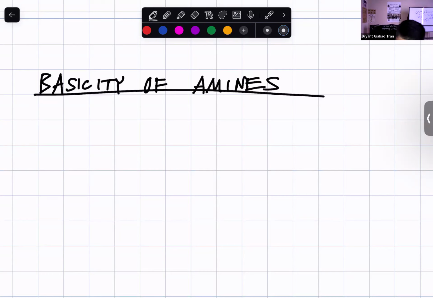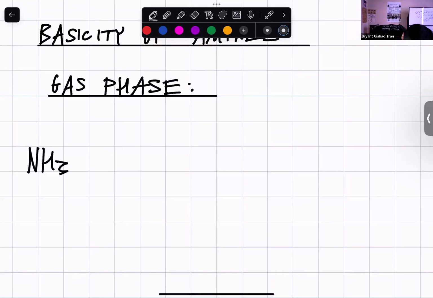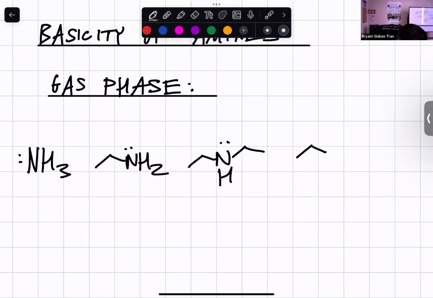can fall under: the gas phase or aqueous solution. So the gas phase is going to be easier to think about because I'm going to give you the ranking list of the basicity of amines like this. Ammonia is going to be the weakest base, and then the primary amine, and then the secondary amine, and then the tertiary amine.